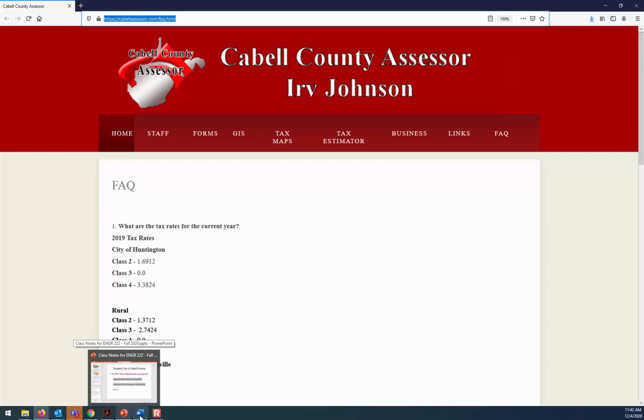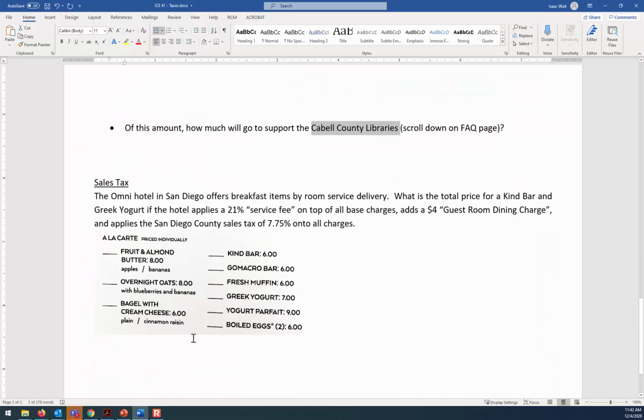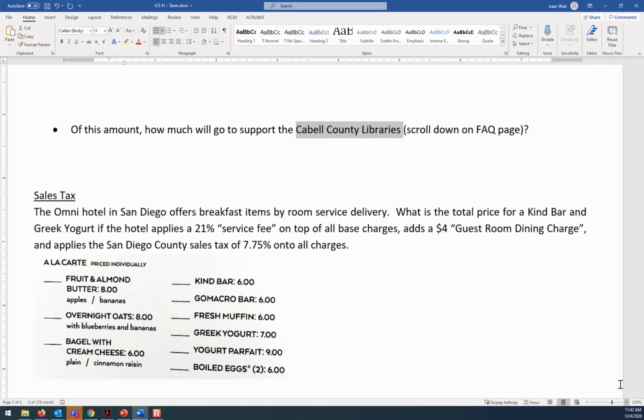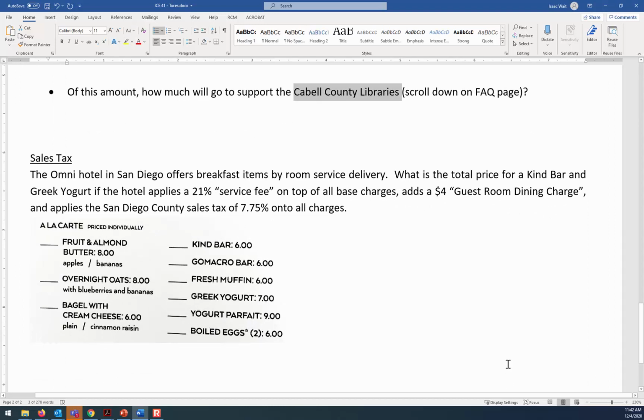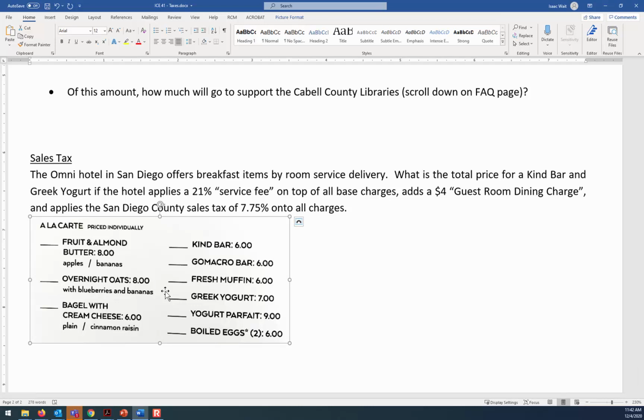All right, so the next thing that we will calculate is related to some sales tax calculations. So this is an actual menu that I scanned when I was at a hotel in San Diego. I was at the Omni Hotel in San Diego, and I thought it was just so ridiculous how much they were charging for stuff at that hotel that I took a photo of the menu.